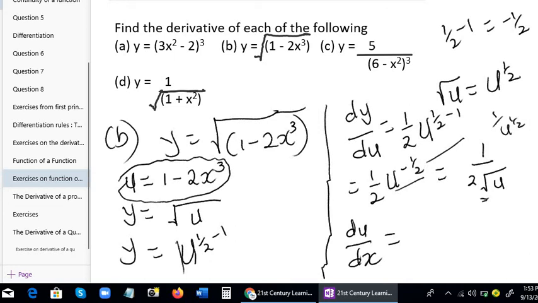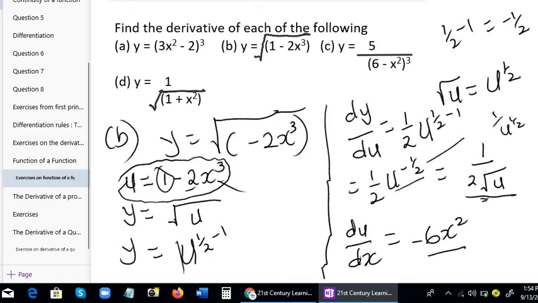So differentiating this, if you differentiate a constant, you get 0. 3 times minus 2 will give me minus 6x. 3 minus 1 is 2. At this point, I've gotten dy/du, which is this, and du/dx, which is this.